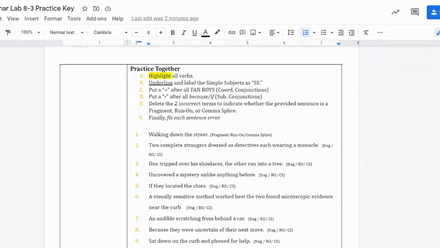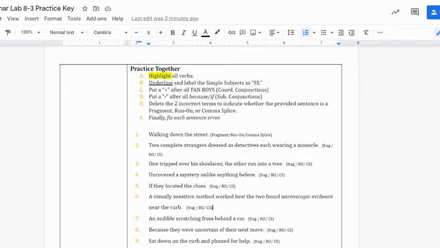Today we're going to do some practicing together in identifying and fixing fragments, run-ons, and comma splices. The directions for today, in order, are: highlight all verbs, underline and label the simple subjects as SS, put a plus after all FANBOYS, those are coordinating conjunctions: for, and, nor, but, or, yet, so.